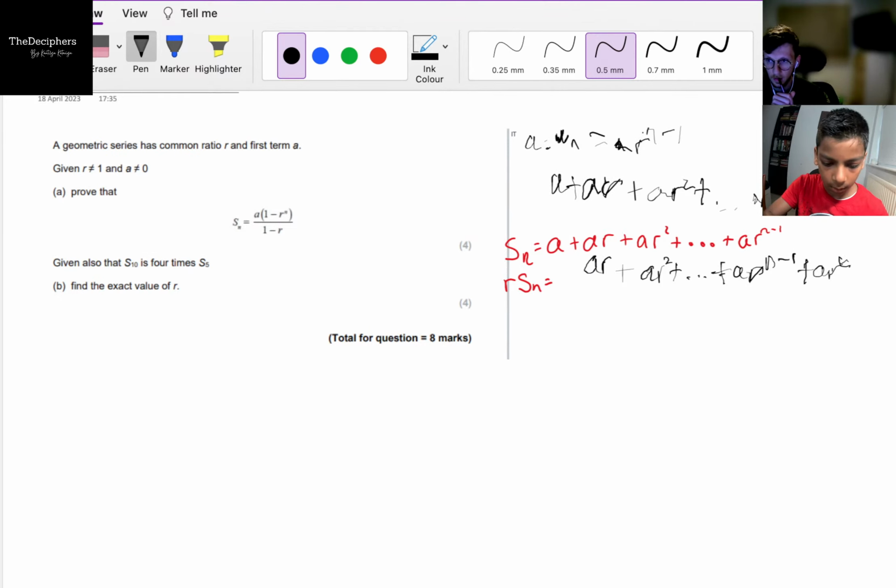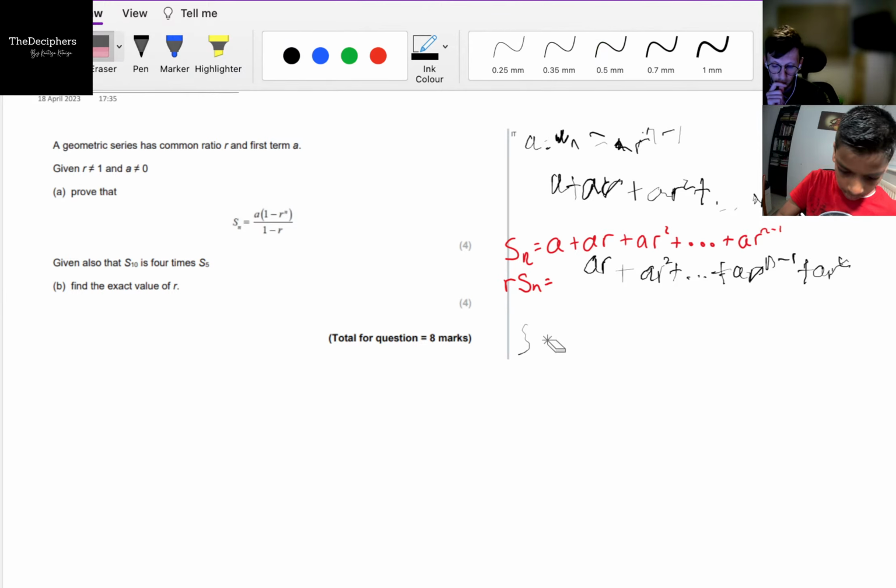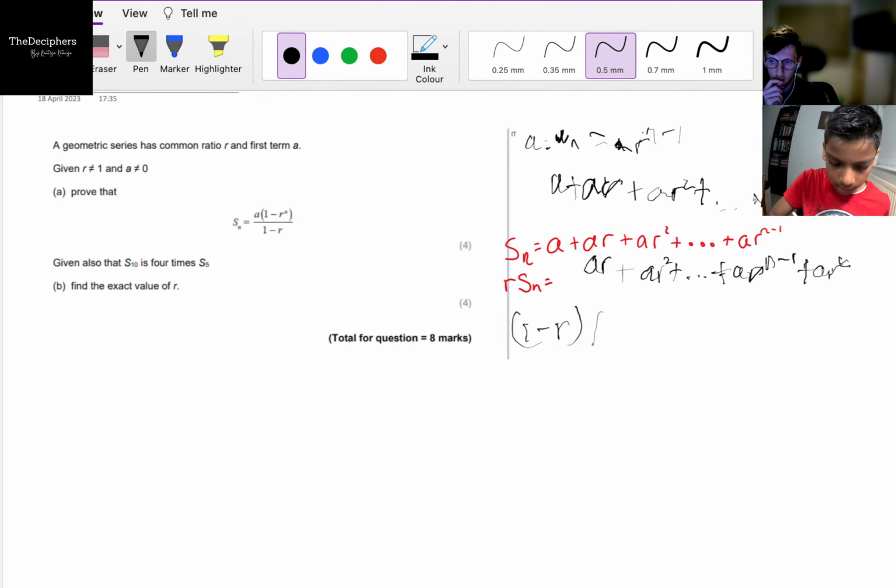So I'm pretty sure what we can do is minus them. Brilliant. And so then that's 1 minus r, already looking like the sum formula, times S_n is, well, all of them just cancel out to make a minus a r to the power of n.